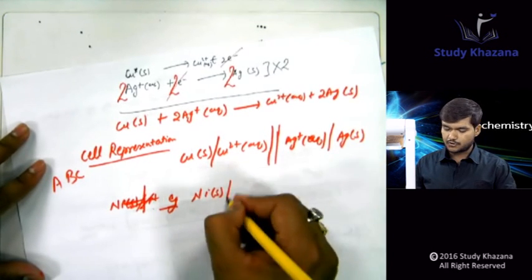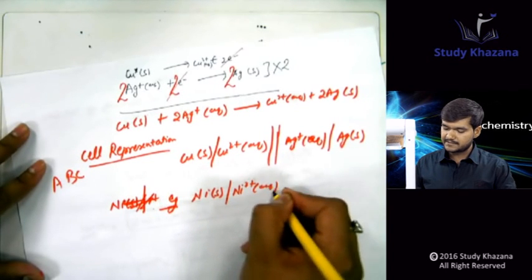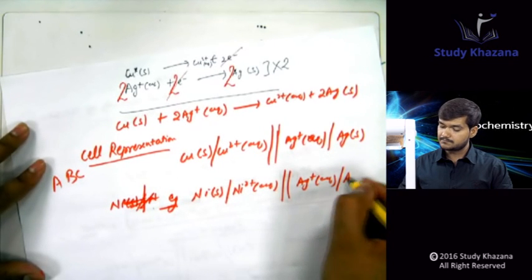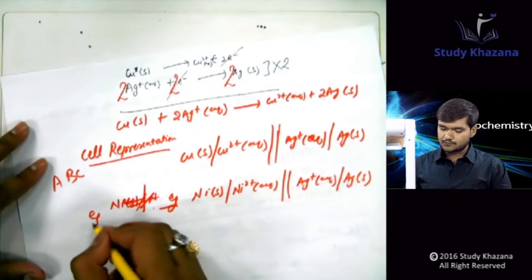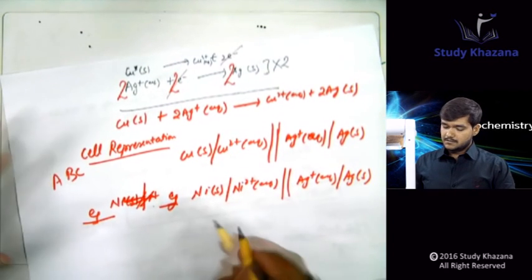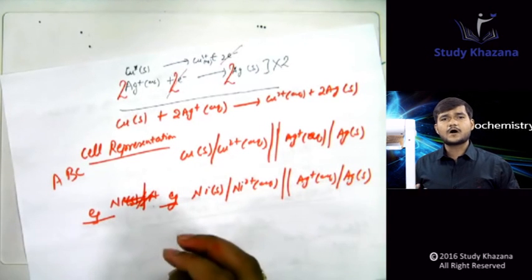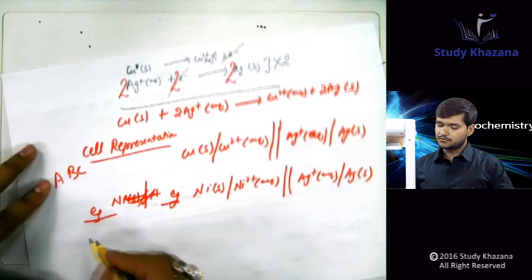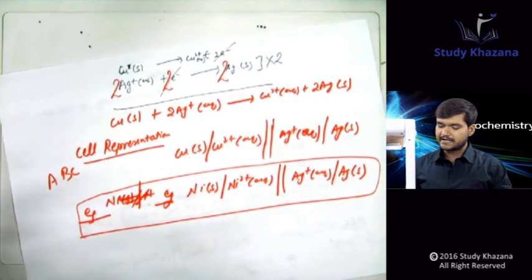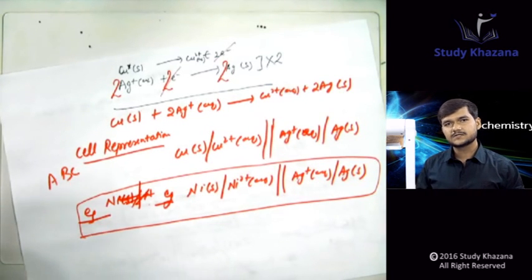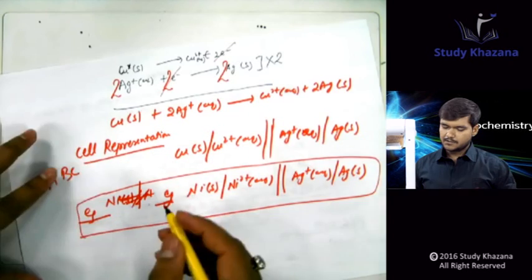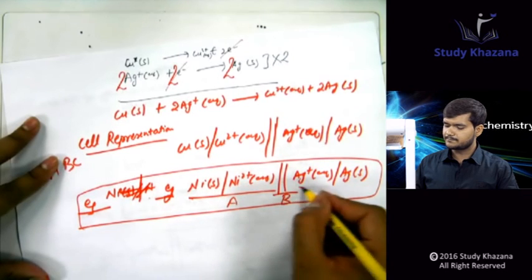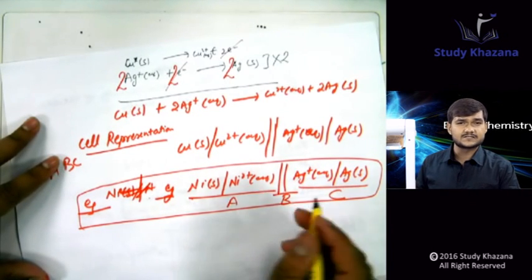Now what the example is asking here: write the two half cell reactions and the overall reaction. Now you can easily write the two half reactions. What is the anode here? You know this is A, this is B, this is C. So this is ABC.